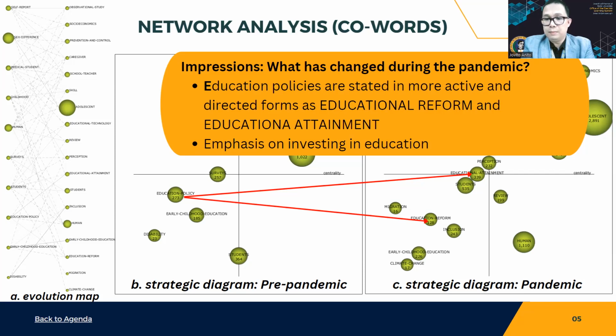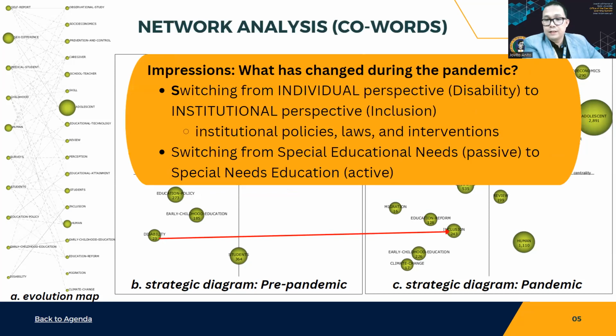So it is more focused on educational reform rather than a very passive treatment of educational policies. It also talks about investing in education in this domain. Next is the switching from disability to inclusion, which basically underscores the focus on the institutional level rather than on the individual level.